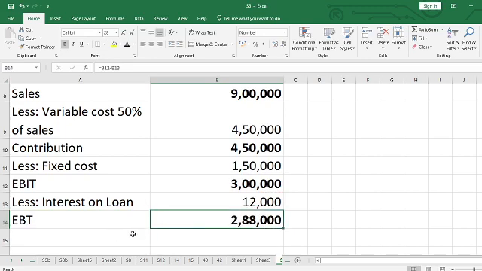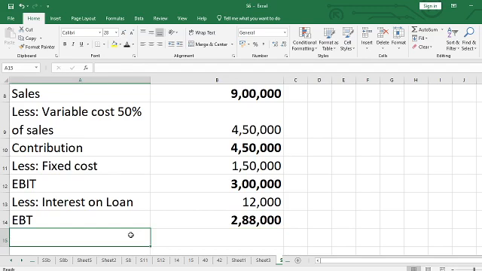So this is very important for the calculation of leverages. So contribution we got, EBIT we got, and EBT we got. Next, we need to subtract tax. At 50%, tax will be paid.